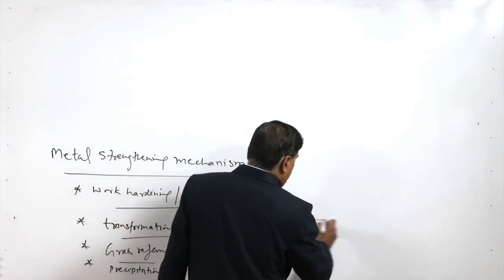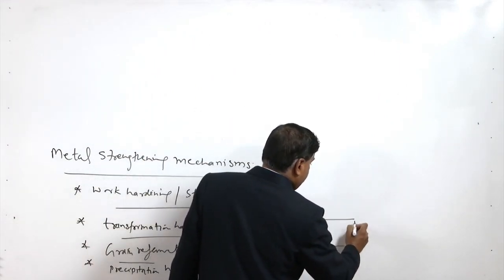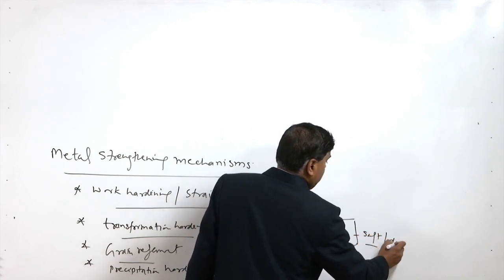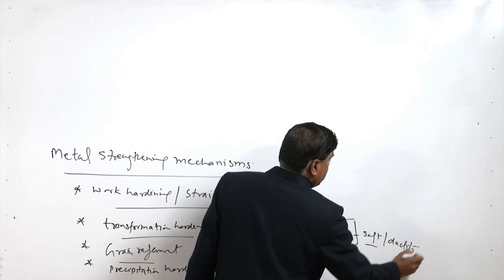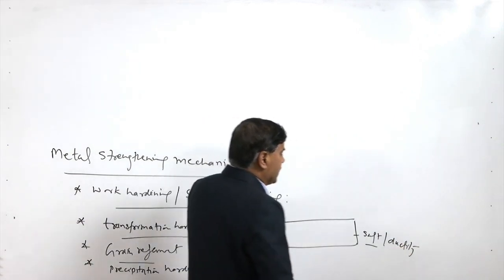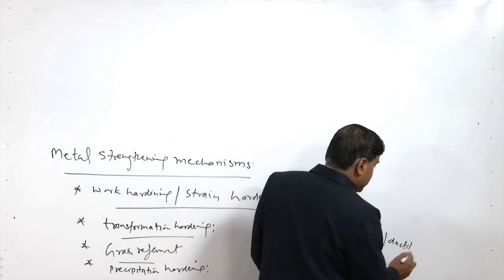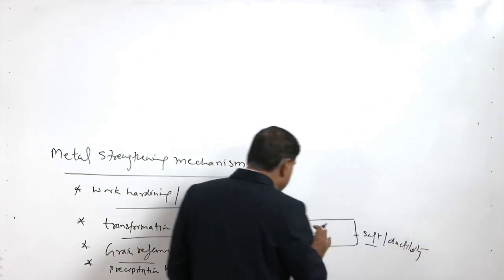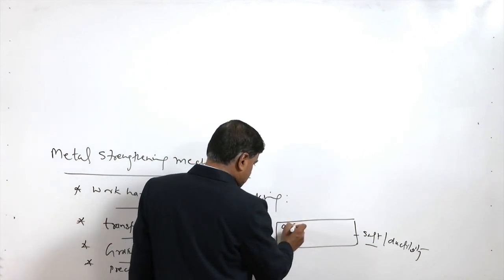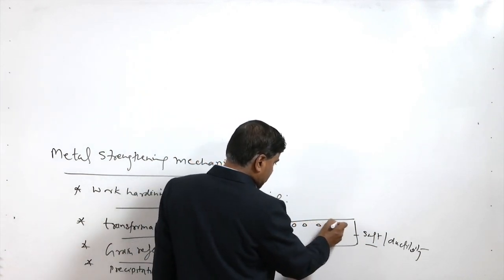So, in this case what happens, the metal matrix, pure metals, they are soft and ductile. So, these need to be strengthened, and this strengthening is achieved through the development of precipitates.